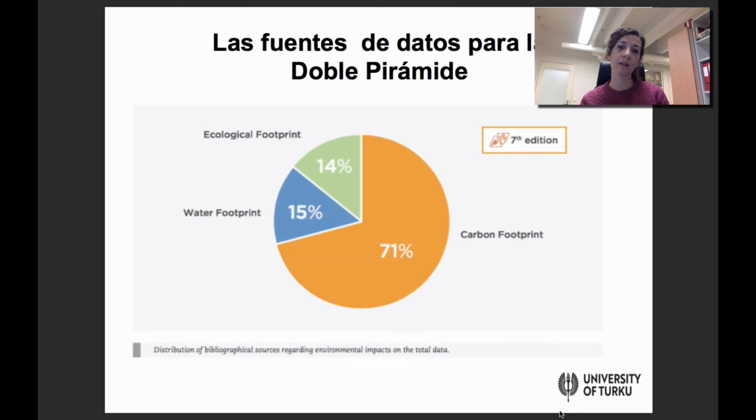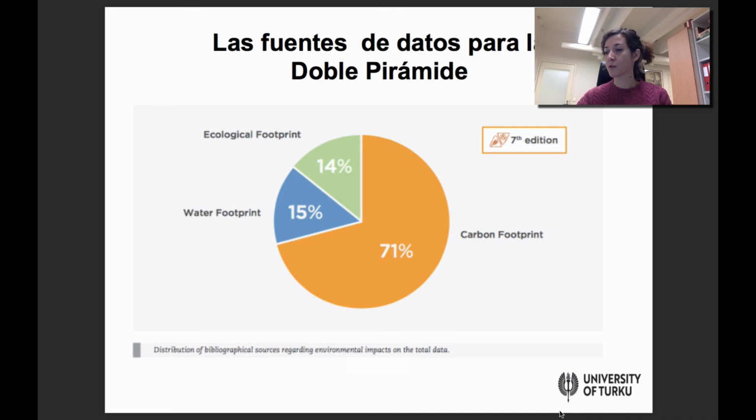And in this slide, you can also get an idea of which kind of footprint, so which kind of environmental impact, the different sources refer to. Carbon footprint is the type of environmental impact that has the highest number of studies available.